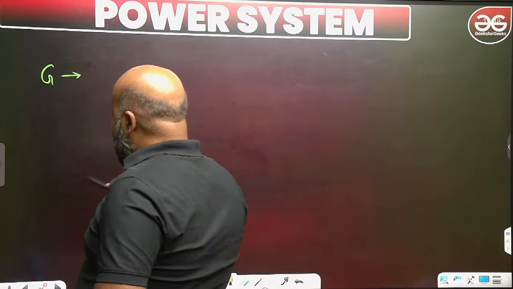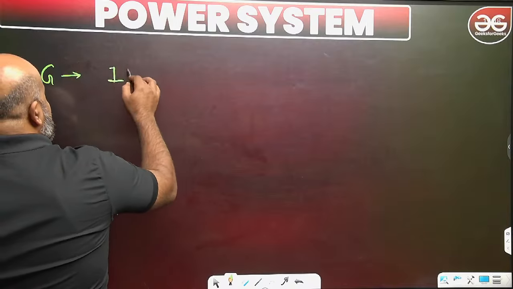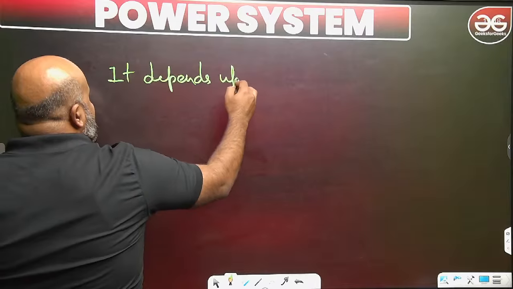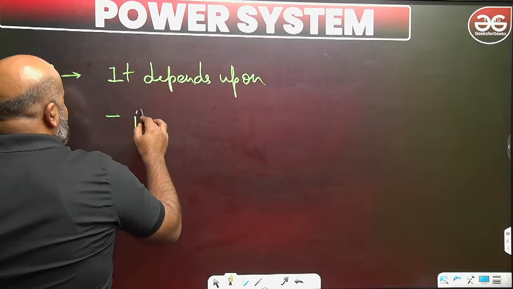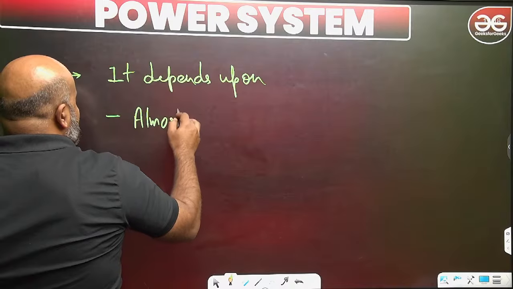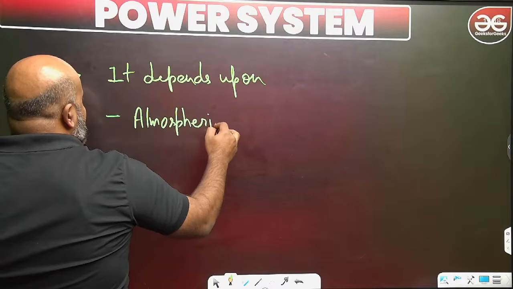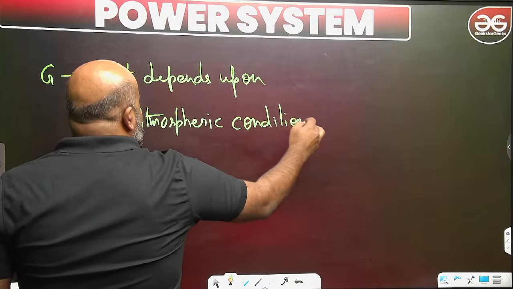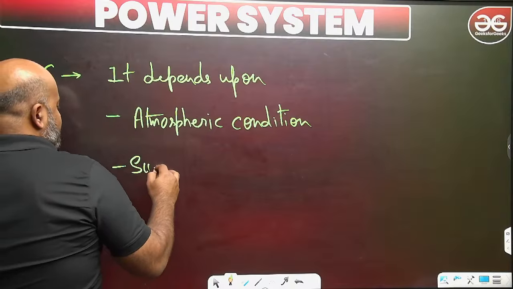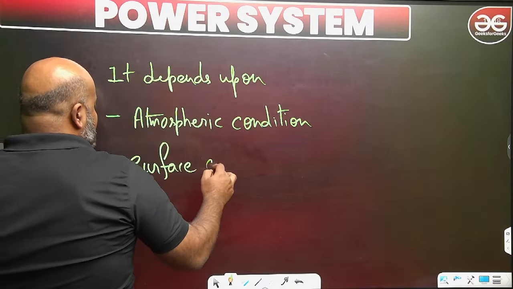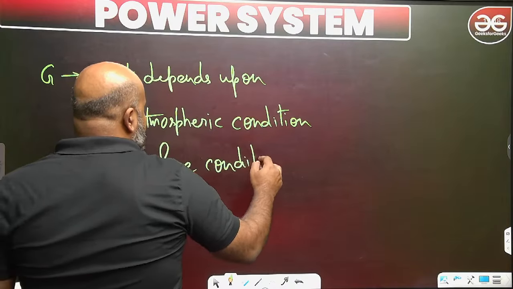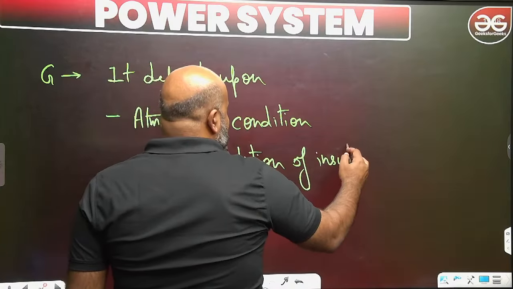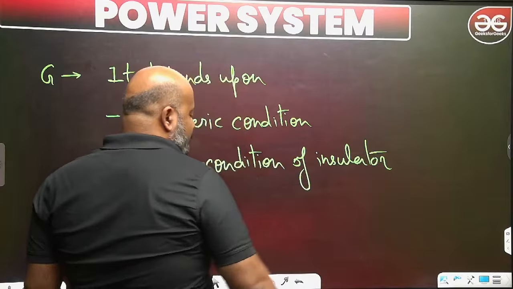Because it represents the leakage current, it depends upon two things. Number one, atmospheric condition, and number two, the surface condition of the insulator.